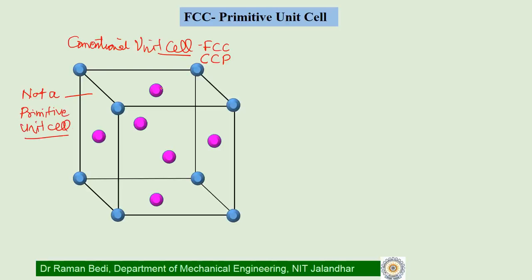We recall that the primitive unit cell was defined as the smallest unit cell. We also defined the primitive unit cell as one which contains lattice points only at corners, or another definition is that a primitive unit cell is one which contains one complete lattice point.